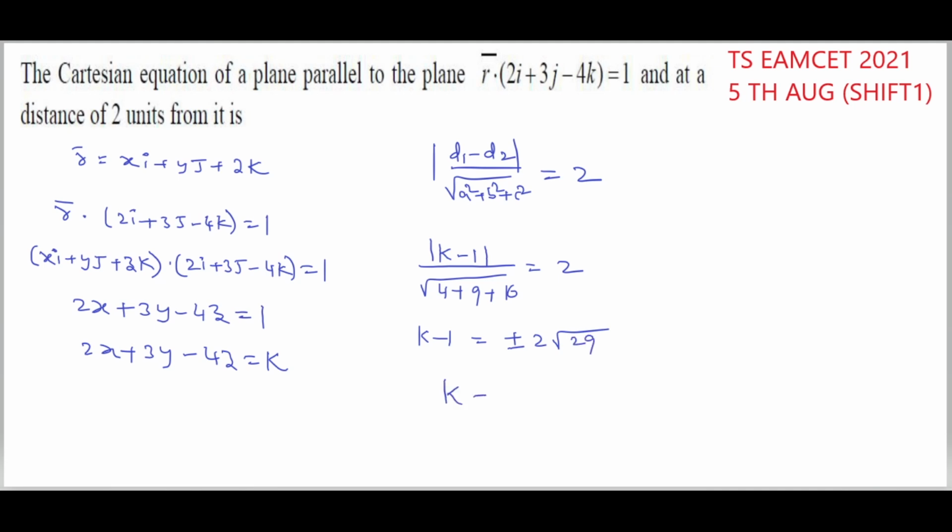From this, k is equal to 1 plus or minus 2 root 29. Therefore, the Cartesian equation of the plane is 2x plus 3y minus 4z is equal to k, where k is 1 plus or minus 2 root 29.